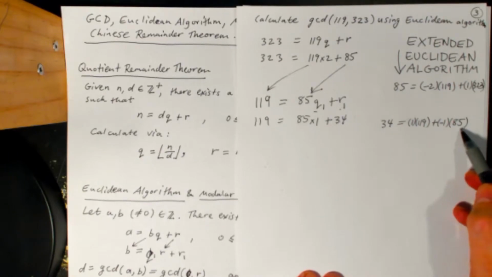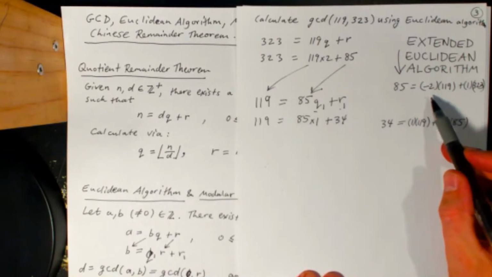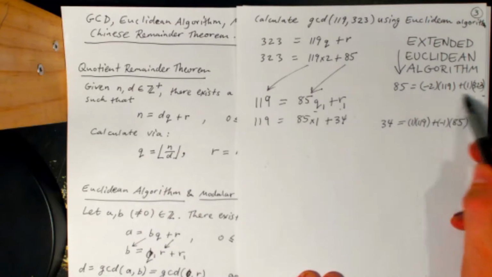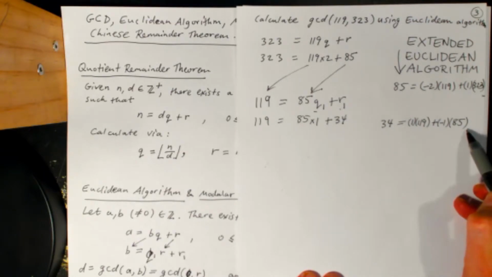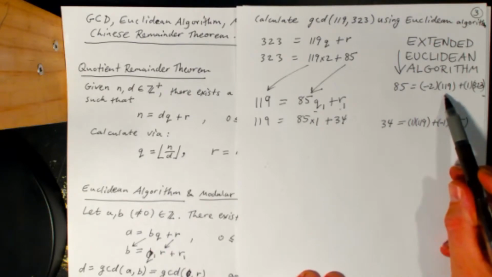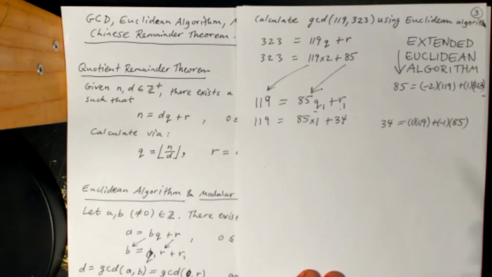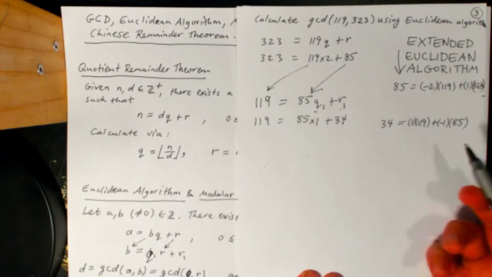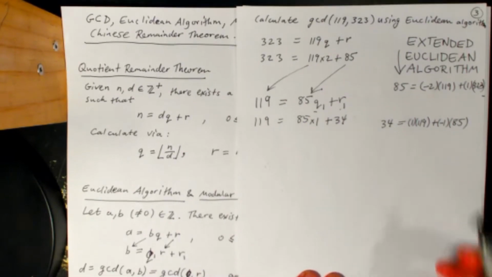But I'm going to take this 85 and substitute what I have up here. I'm going to substitute it in and then collect like terms, where I'm thinking of the 119 and the 323 like variables, right? And that's why I say collecting like terms. I don't want to sum it all up. I want to treat those like variables here.